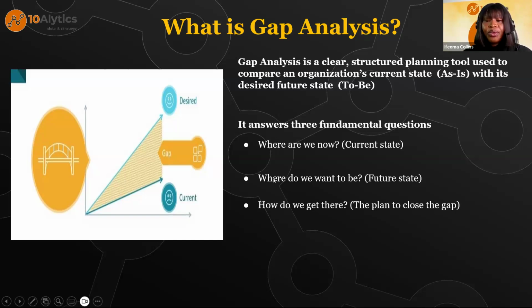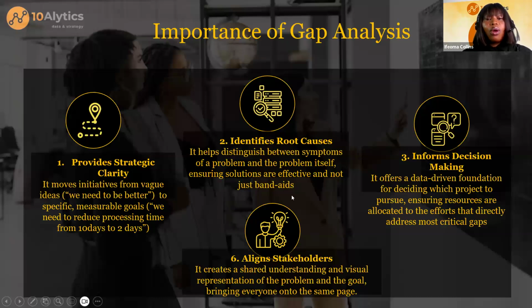All right. So now let's look at the importance of gap analysis. Gap analysis provides clarity. It moves initiatives from vague ideas to specific, measurable goals. It moves vague ideas to SMART goals. For instance, if you say we need to be better, it is not specific and it is not measurable.